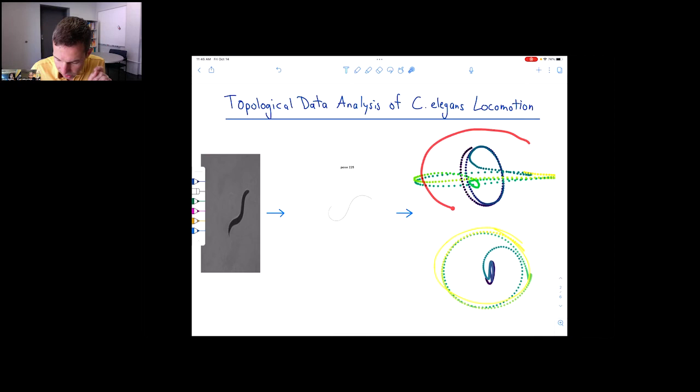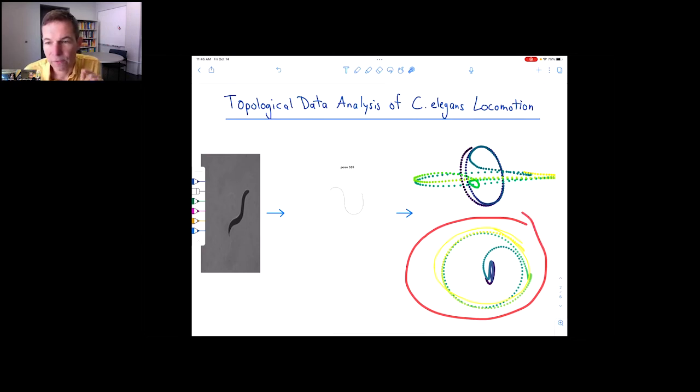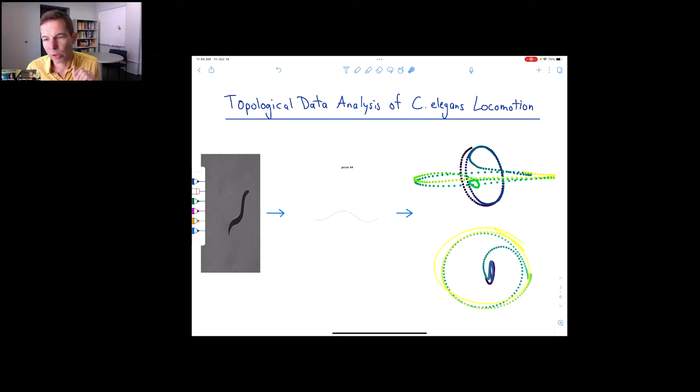This is the projection onto the first two principal components, and this is the projection onto the first and the third principal component. These are both views of the same high dimensional point cloud coming from this particular video. And since the time series is ordered, this point cloud actually has an order, and it's colored going from dark to light here.